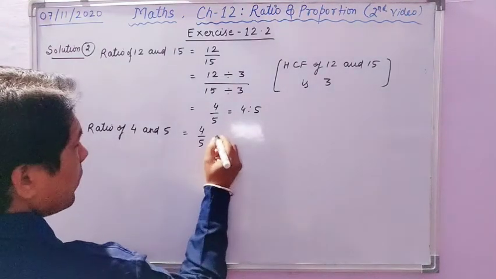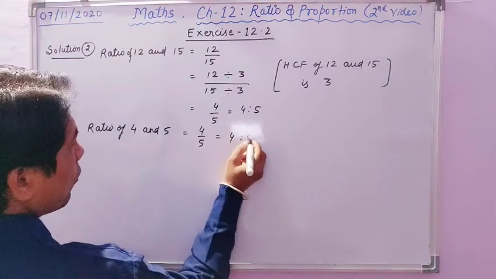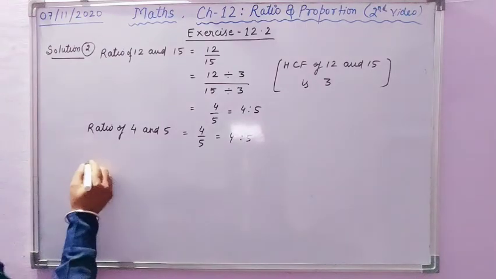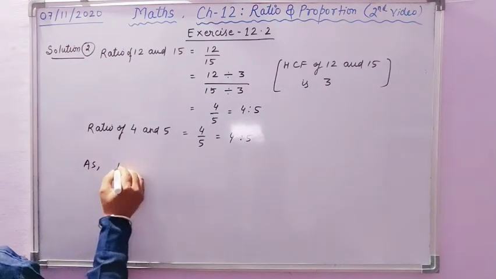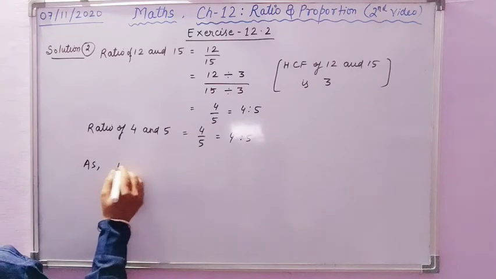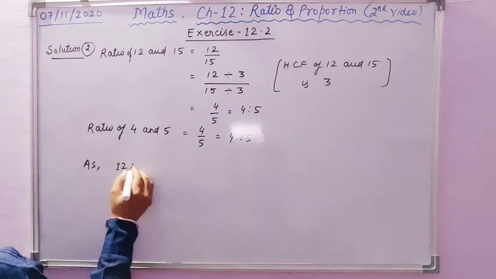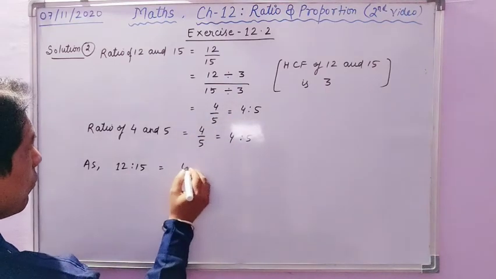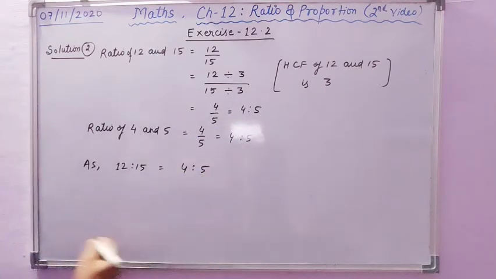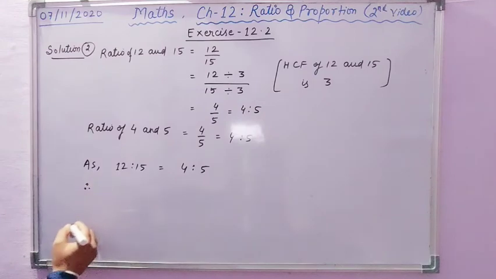So simply we can write 4:5. So 12:15 is equal to 4:5.